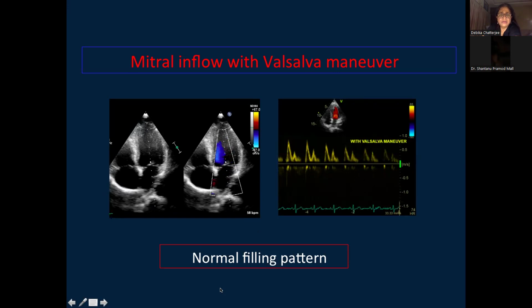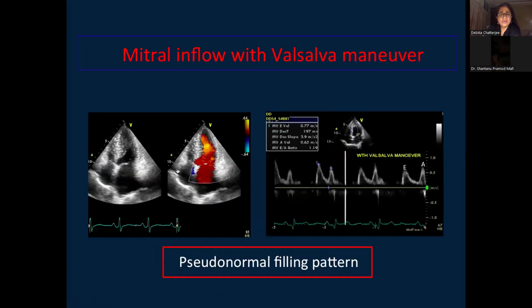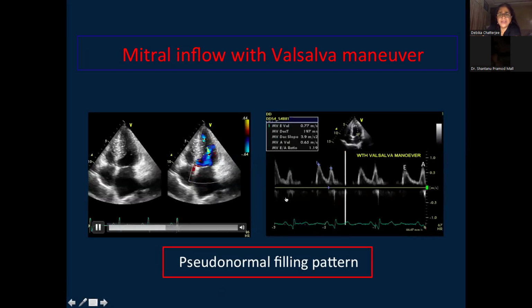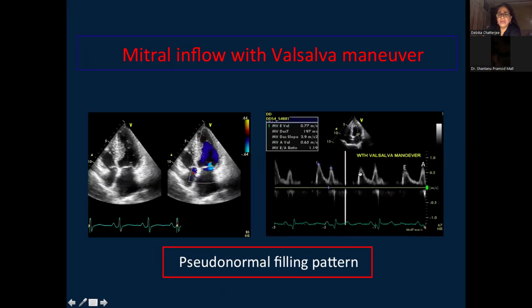On the other hand, if you look at this patient with hypertrophic cardiomyopathy and enlarged LA, the E wave is more than A. The patient does the Valsalva. Look here, E wave becomes smaller than the A wave. So this is obviously the pseudo-normal pattern.